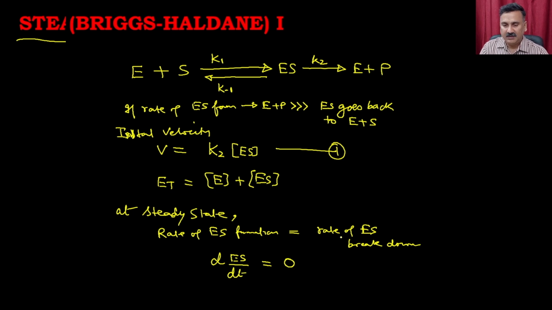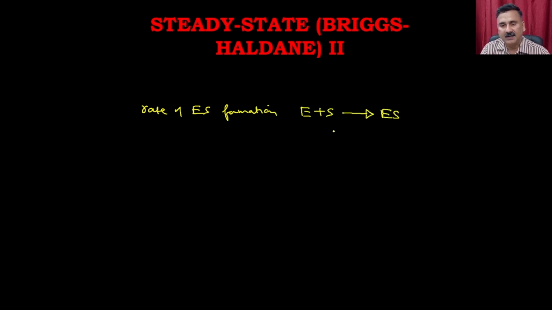Now, taking this into account, you can derive the kinetic equations. So, what will be the rate of ES formation, right? You know that E plus S giving rise to ES, that is the rate of formation, right? So this is K1, and this is going to be called equation number 3.